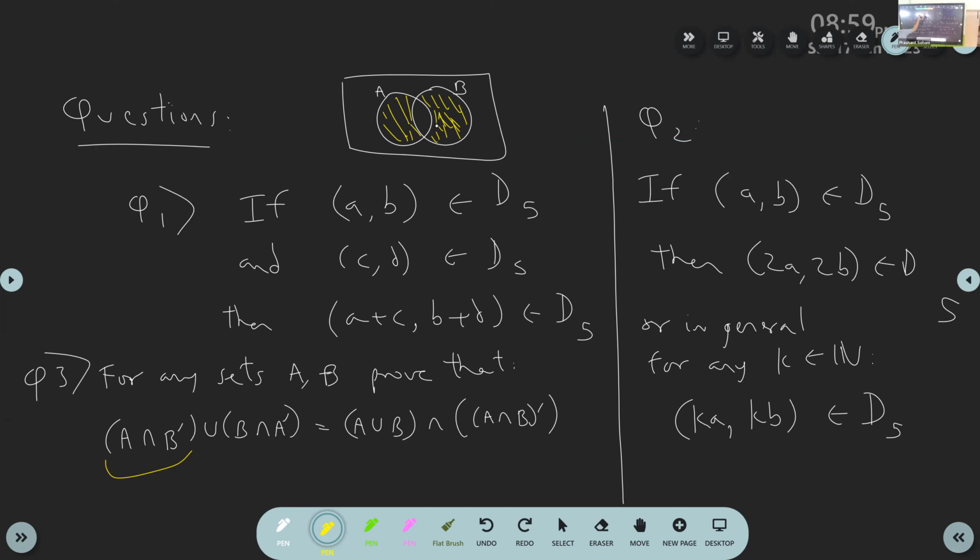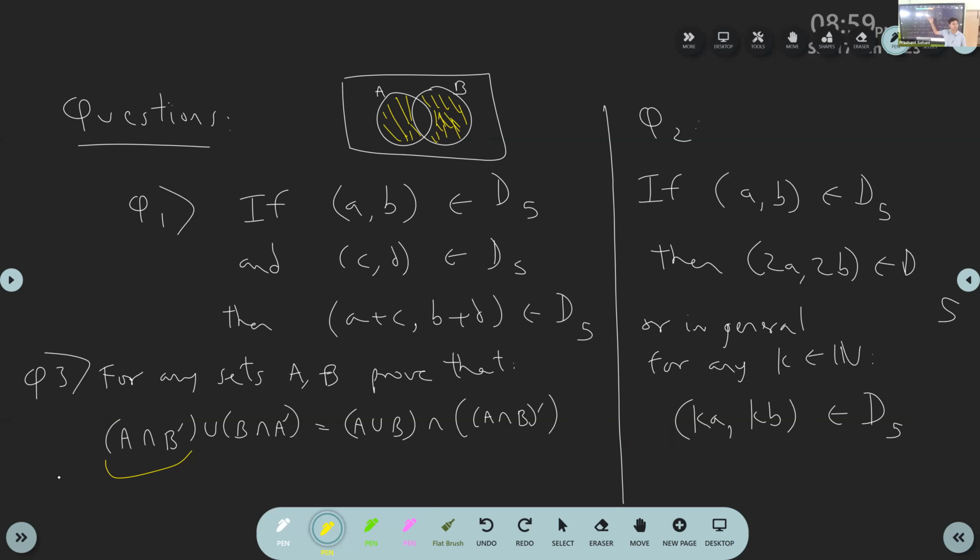So this is the exclusive OR that we were talking about last time. We said that there are two kinds of OR, right? Inclusive OR and exclusive OR. So this is actually A XOR B. So that is what you have to find.